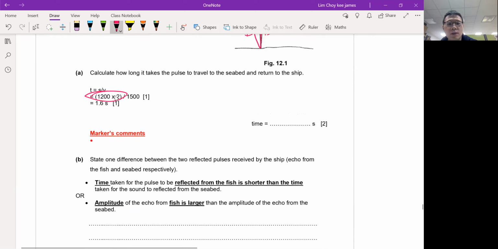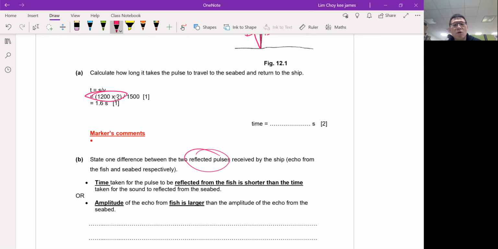One difference between the pulses. Here, the pulse itself is not about the environment. Some of you told me that the answer is where the pulse travels, but it doesn't. For example, you told me that the pulse from the ship to the seabed travels a longer distance as compared to the pulse from the fish. So one travels a shorter distance, one travels a longer distance.